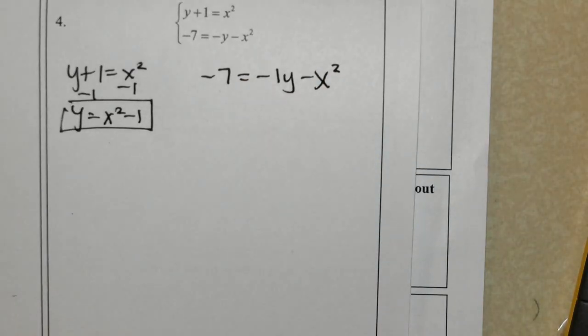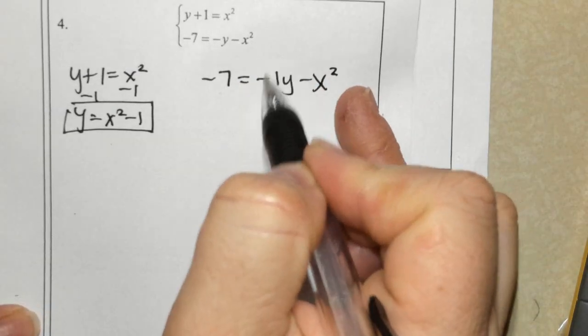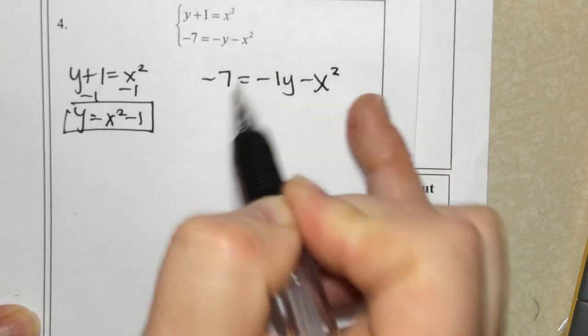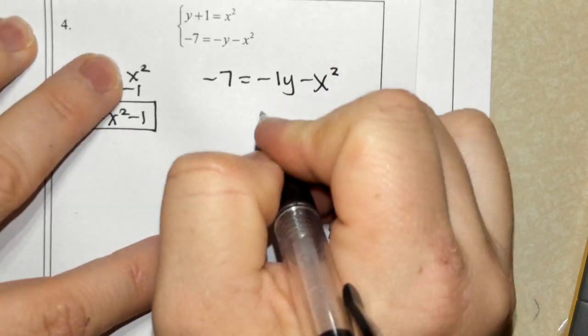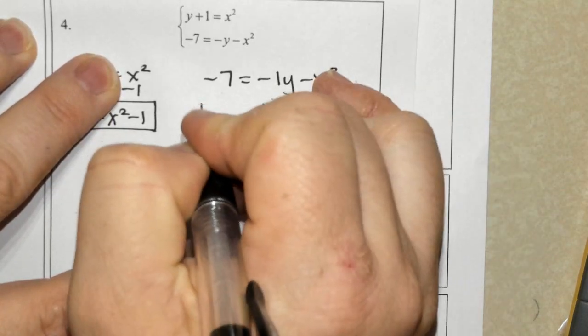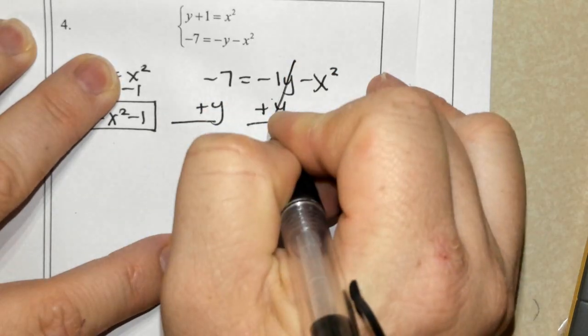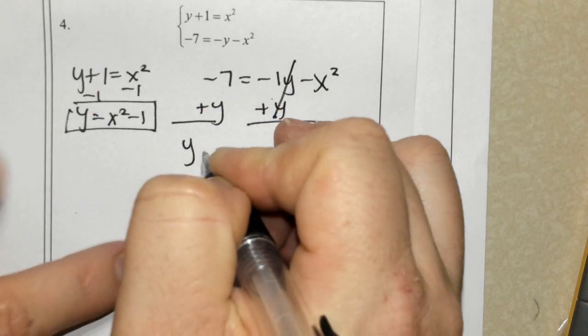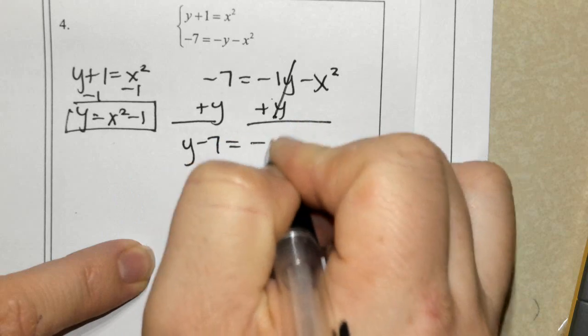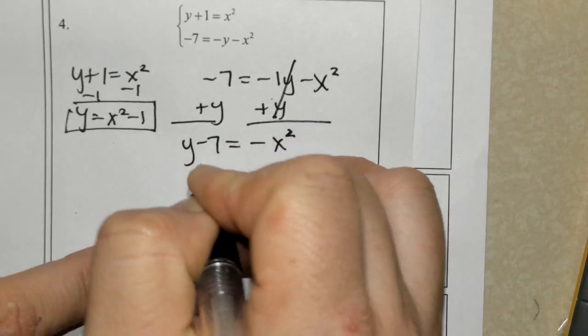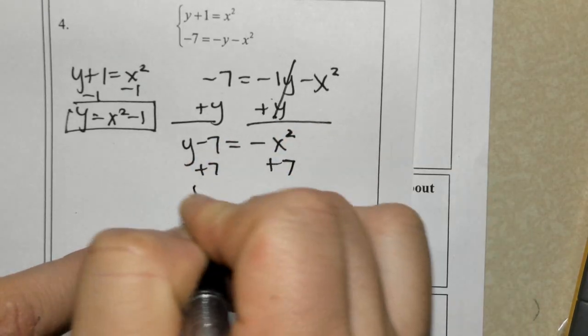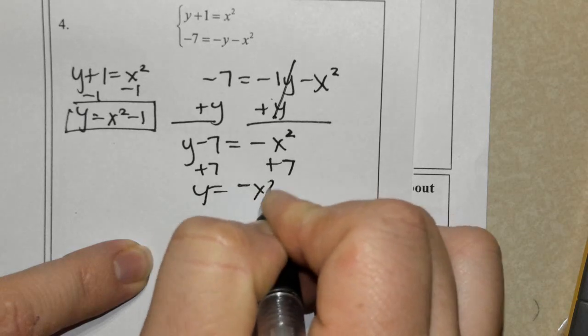A couple different ways I could do this. I'm going to choose to move the y to the left and the 7 to the right. The reason is when I add y to both sides, I end up with a positive y on the left. Then when I add 7 to the opposite side, I have y equals negative x squared plus 7.